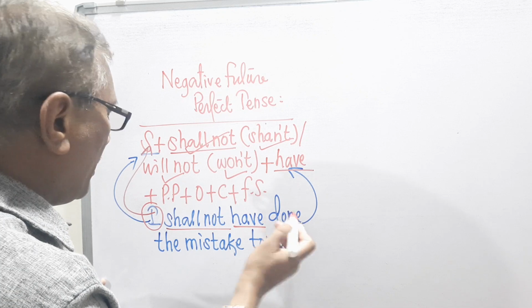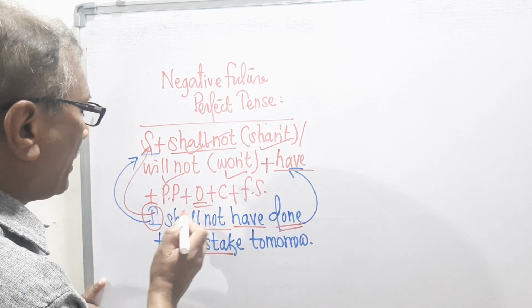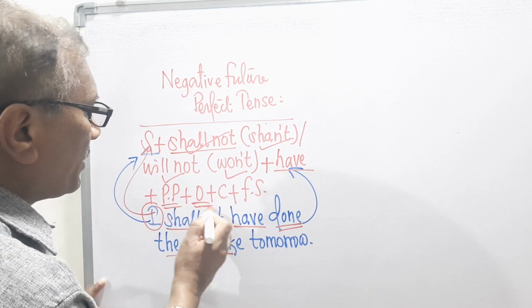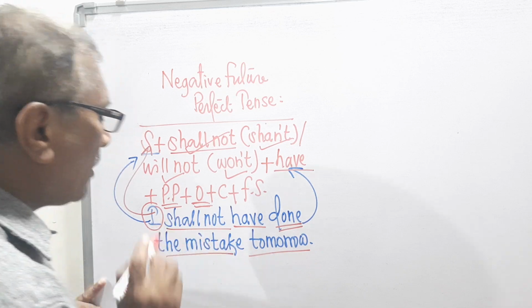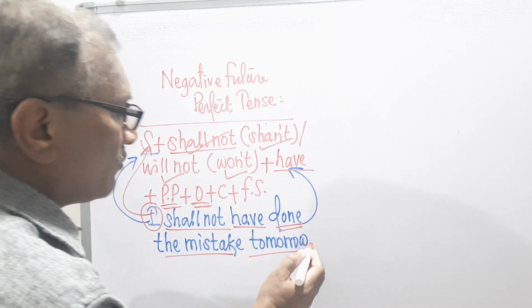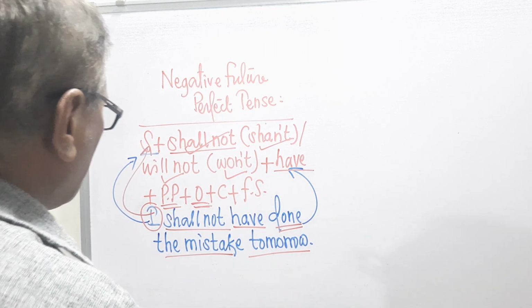Then the object is given here. Then the complement, the word tomorrow, and then there is the full stop. In this way we can make the sentences.